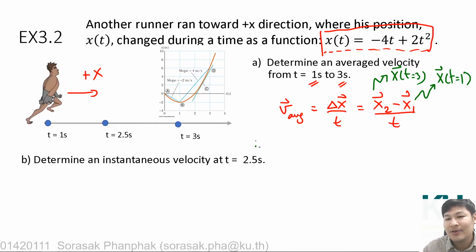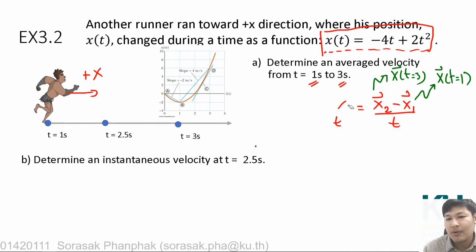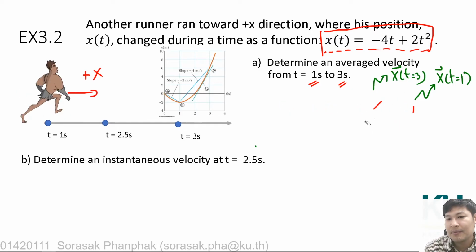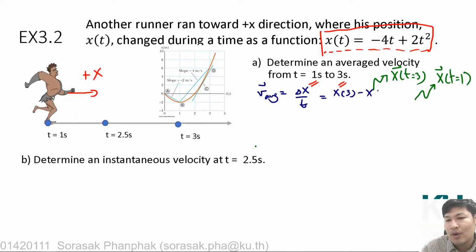So by this you can find x3 and x1. I will rewrite this again, so it's quite big and fills all the space. So v average is equal to delta x over t, and delta x is x3 minus x1 divided by t.